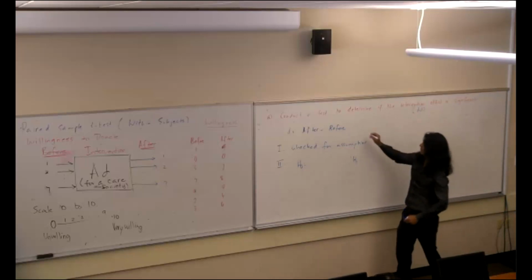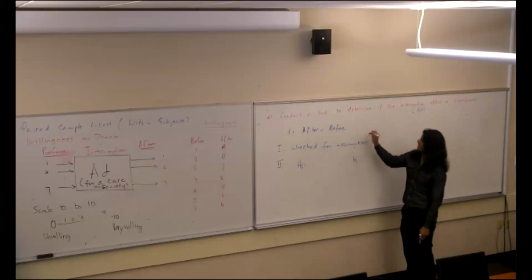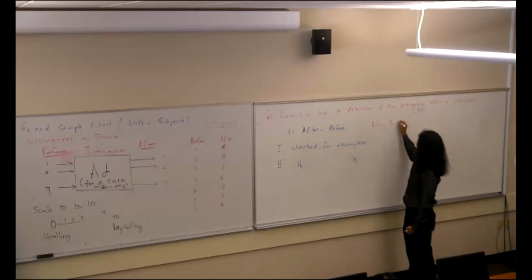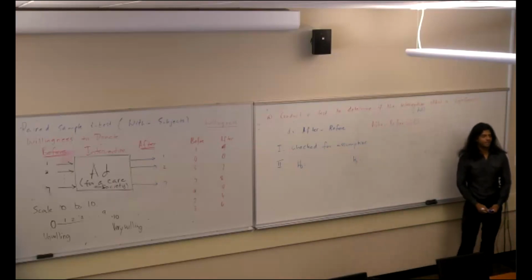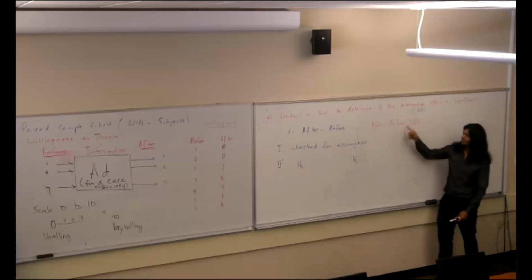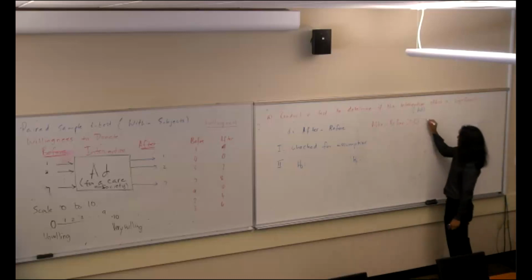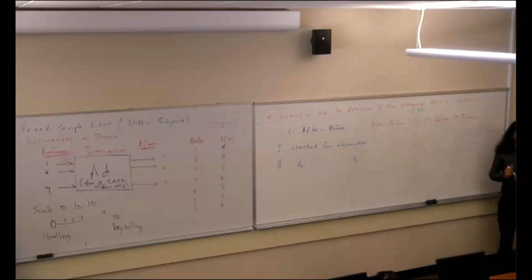Another way to deduce that is if you did after minus before greater than 0, use algebra, move this to the other side. You end up getting after bigger than before.